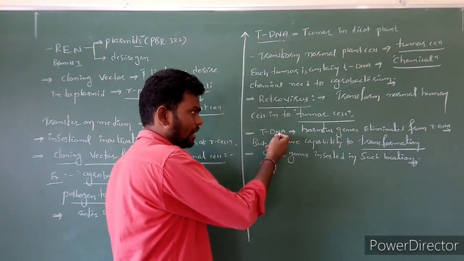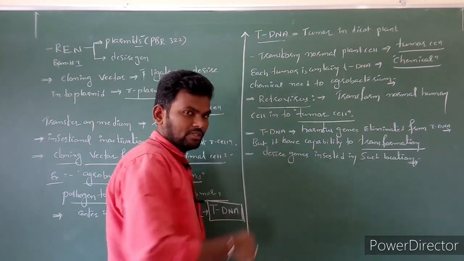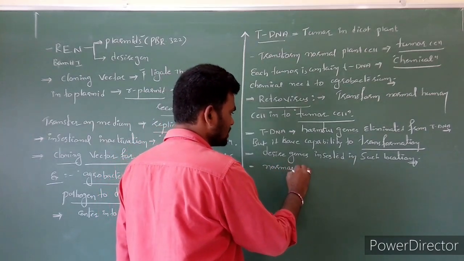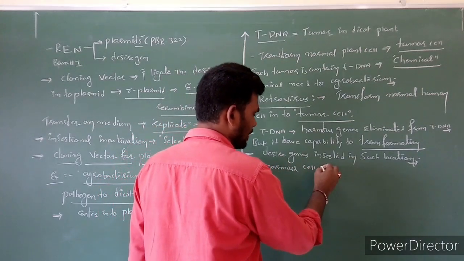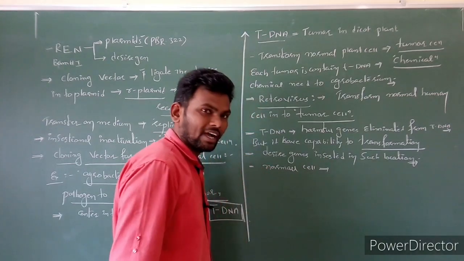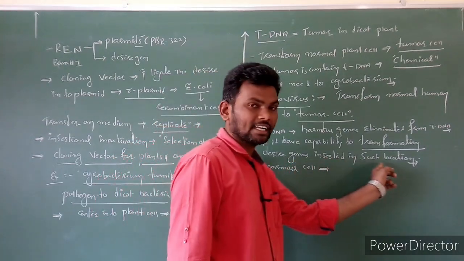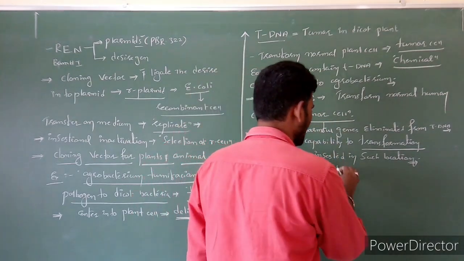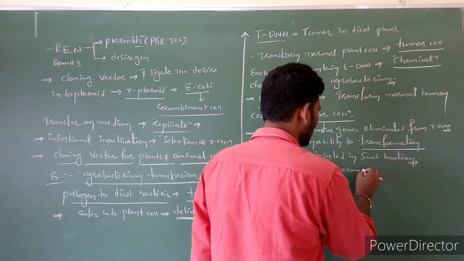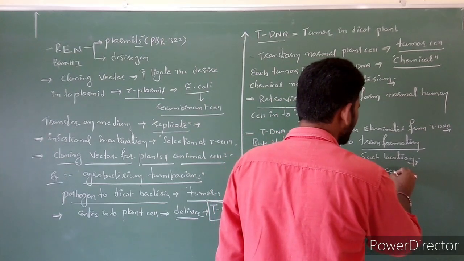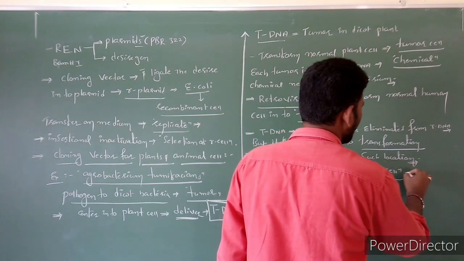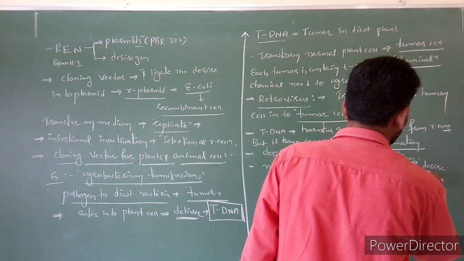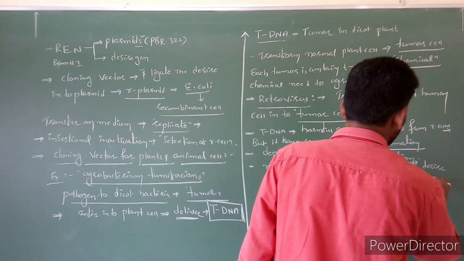Now these already have the capacity for transformation. Now normal plant cells become cells containing the desired character gene. Normal plant cells become recombinant cells, and each cell contains the desired gene.